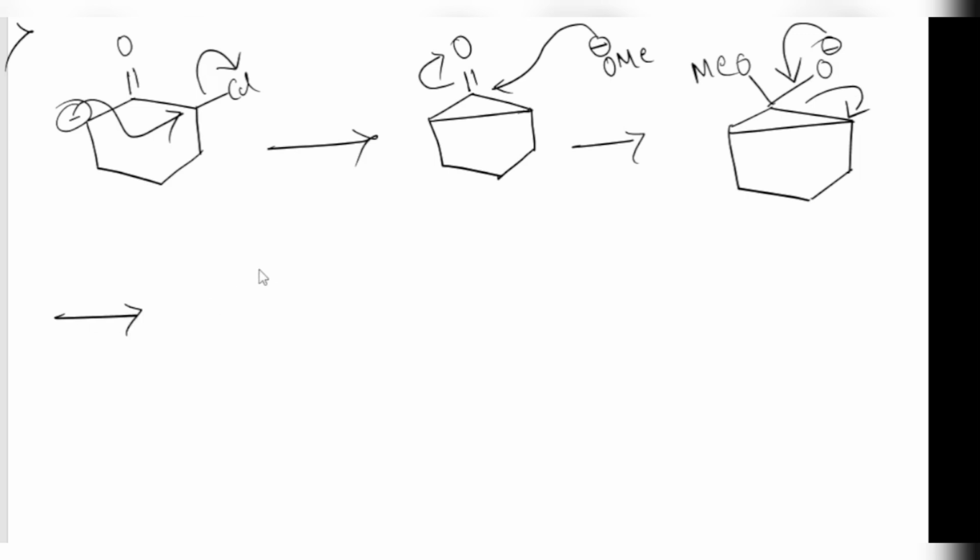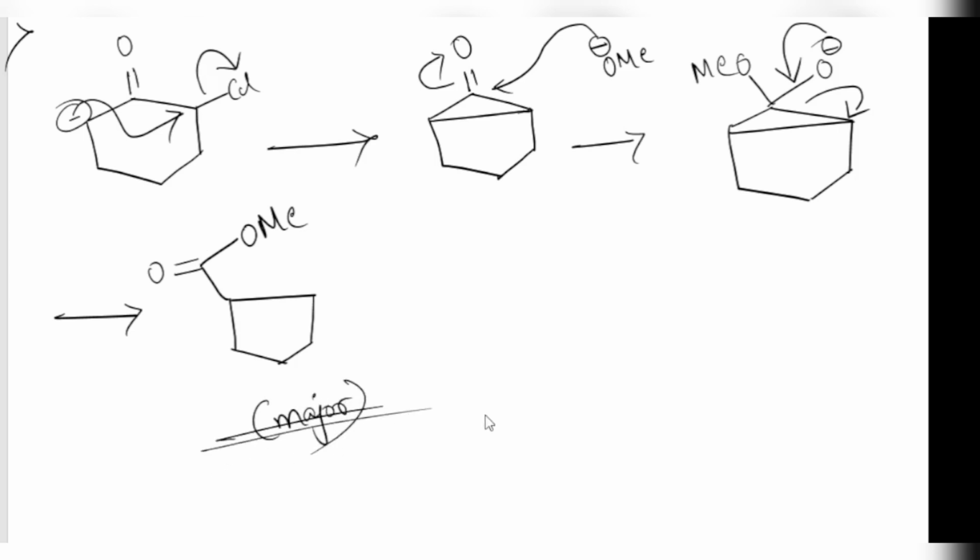Finally we will get a five-membered ring like this. As it is, I am writing just to understand that here I will get C, this carbon I am writing over here, which is attached to the carbonyl group like this, and again over here OMe is there. This is the major product we will get.